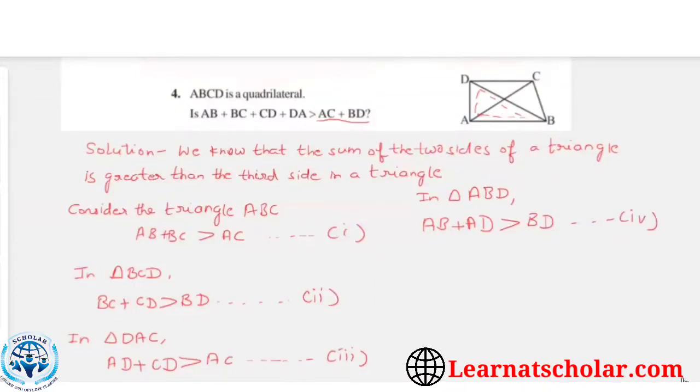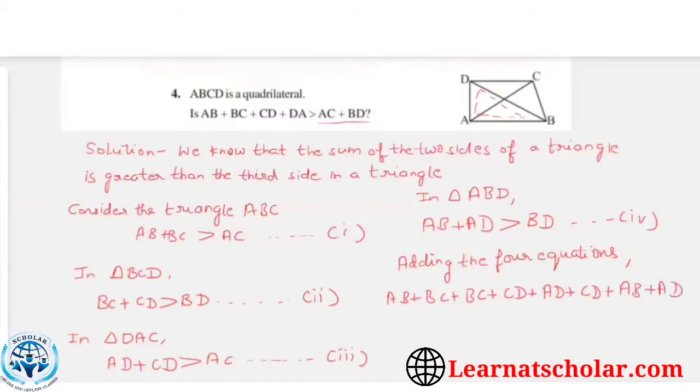Now we will add the four equations. AB plus BC plus BC plus CD plus AD plus CD plus AB plus AD is greater than, now right hand side, AC plus BD plus AC plus BD. So there are 2 AC and 2 BD.